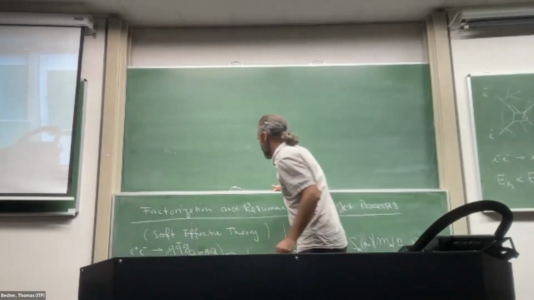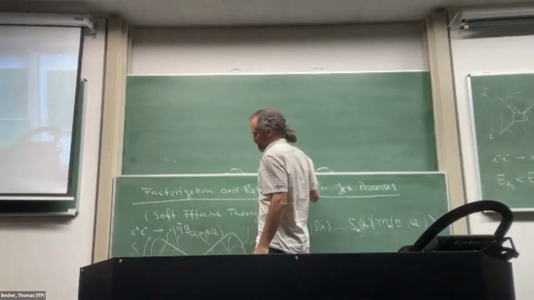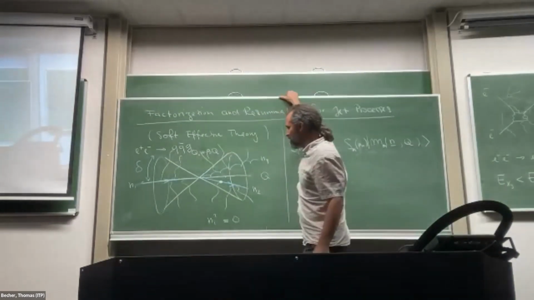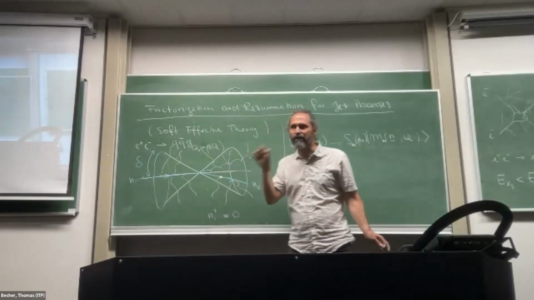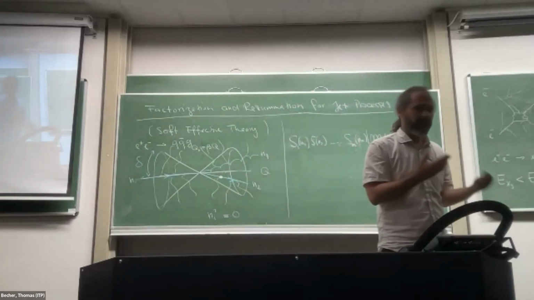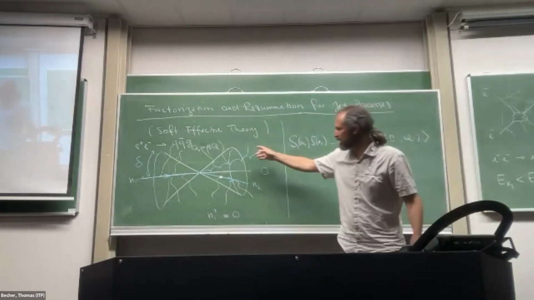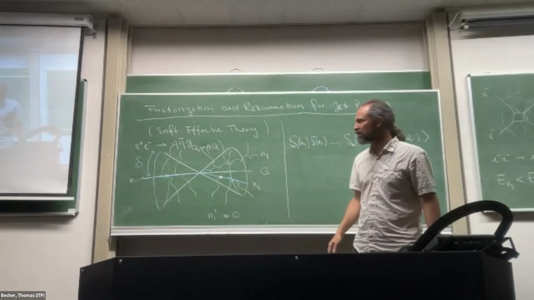And then also, up to now, we've discussed things where all the directions of these partons were fixed. But at the end of the day, when I want the cross section, I will integrate over the directions of everything.